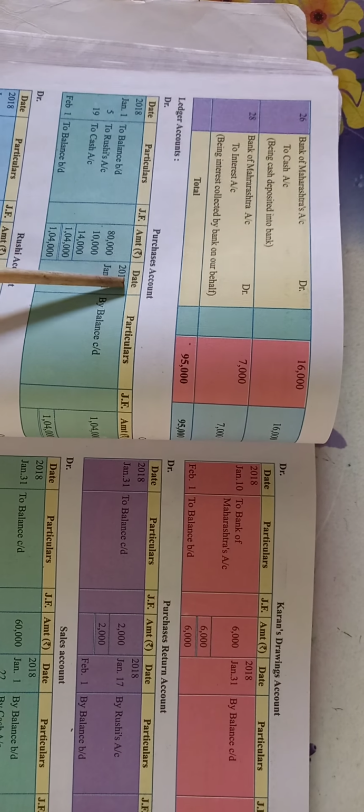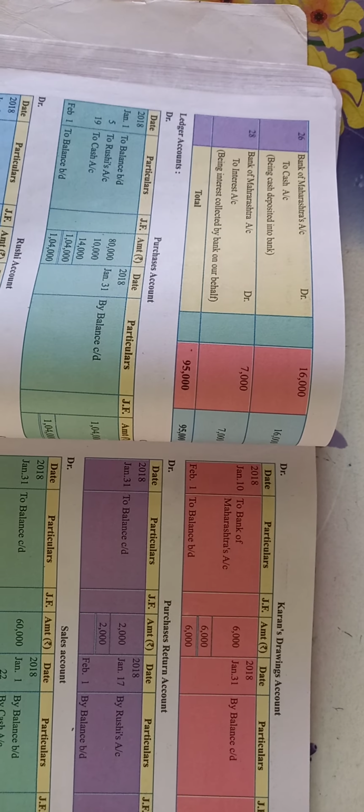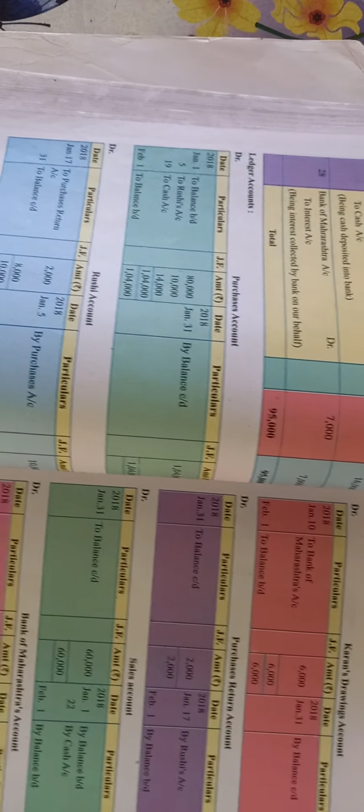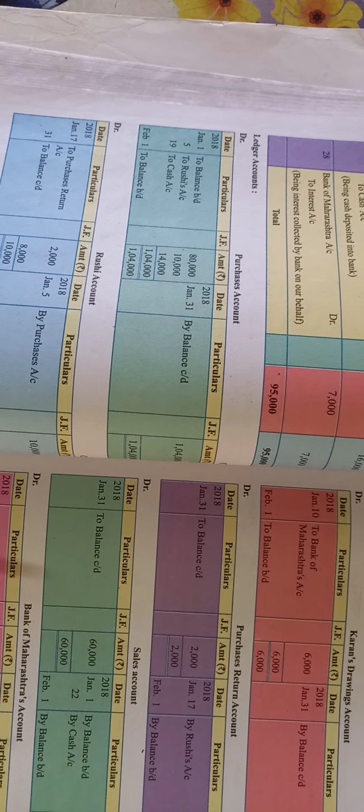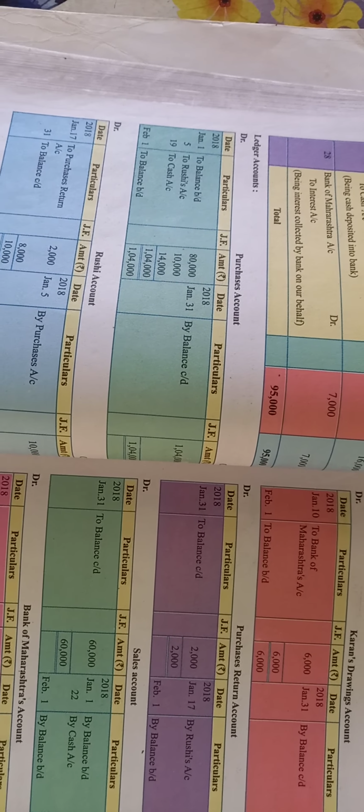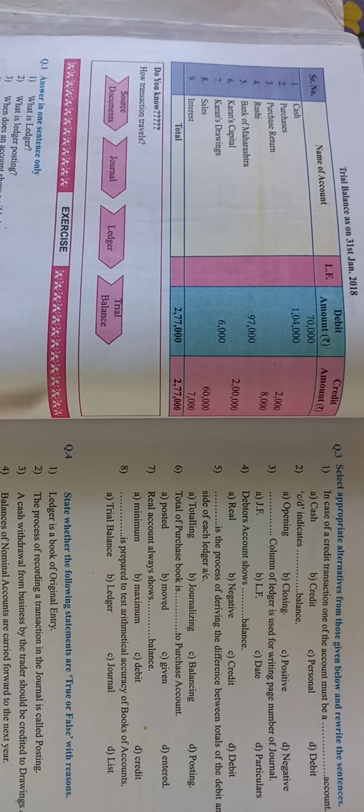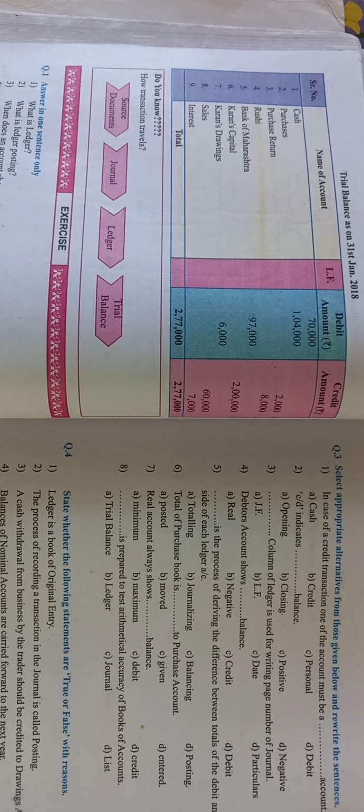Purchase account first, then Rishi account, cash account, Kiran's drawing account, purchase return account, sales account, Bank of Maharashtra and interest received account. And after that we have to prepare the trial balance as on 31st January 2018. Now ledger posting is there.